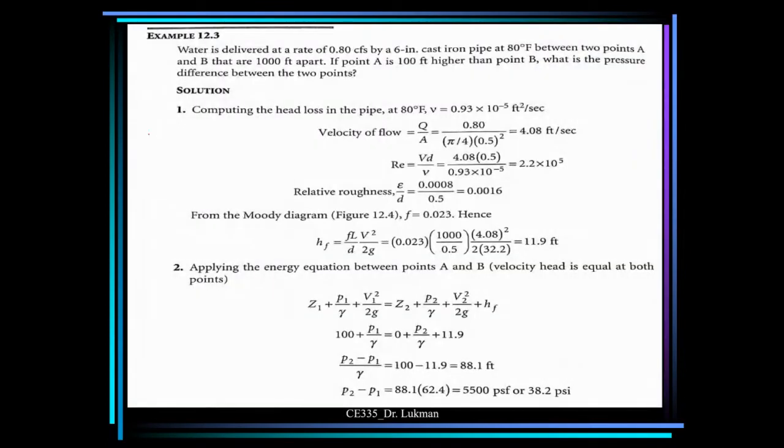Always when you have a problem, try to sketch it to help you with understanding. This is point A, point B. Okay, and what has to be delivered between these 2 points that are 1,000 feet apart. If point A is higher, so the difference in elevation, this is 100 feet.